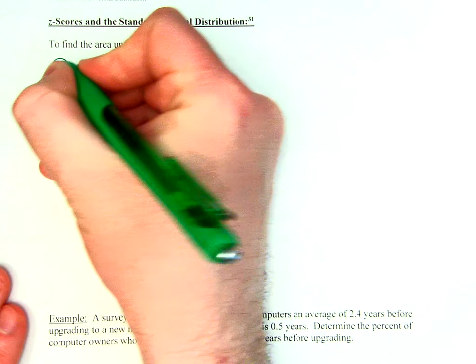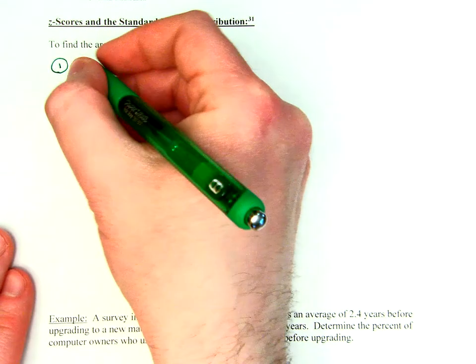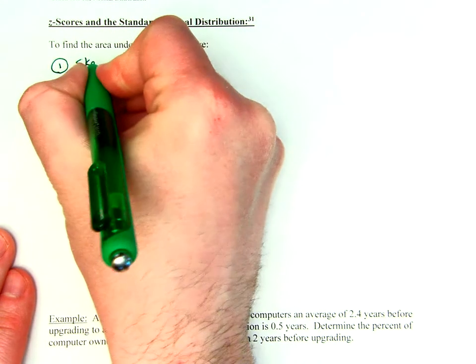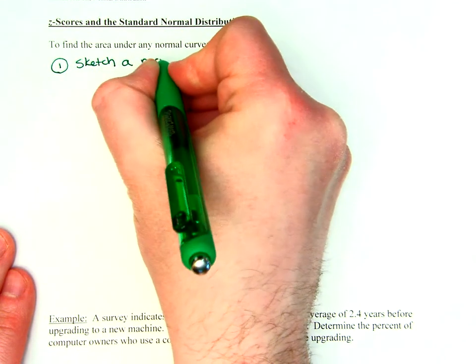First thing I'm going to do, I'm going to sketch a normal distribution, and I'm going to label the mean and my data value, or values if I'm trying to figure out between two things. Step number 1, I'm going to sketch a normal distribution.